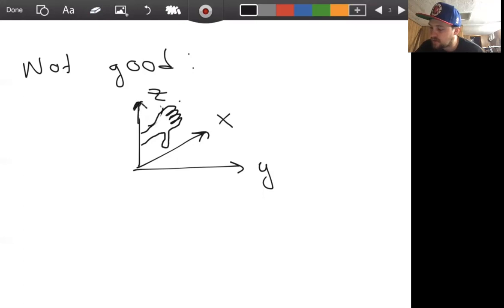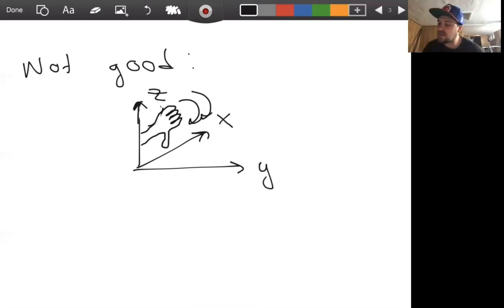right? You would have to curl your fingers in this direction to get it. So x is into your screen, so I'm poking my hand into your screen and curling my fingers towards the y-axis, right, which is back in the screen.